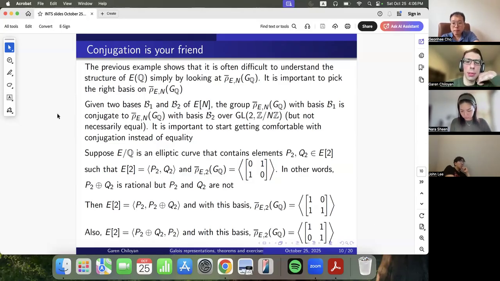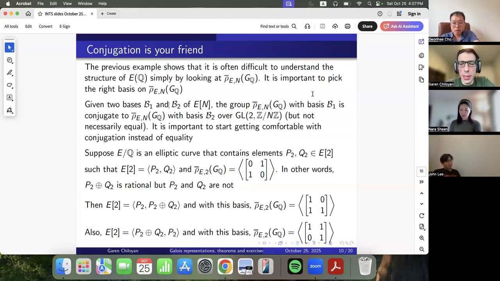The previous example shows that sometimes the structure of E of Q is not very clear by looking at just the image of the mod n Galois representation with a strange basis. It's good to pick the right basis. If you have two bases, B1 and B2, of E bracket n, the image of the mod n Galois representation with the first basis might look very strange, while the image with the second basis might look nicer.